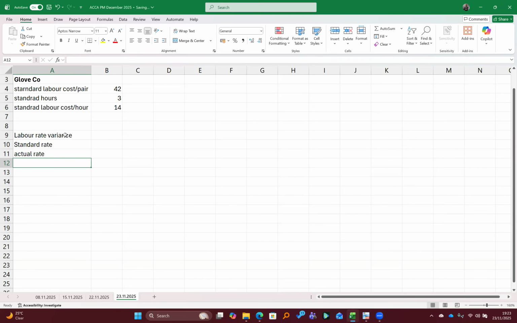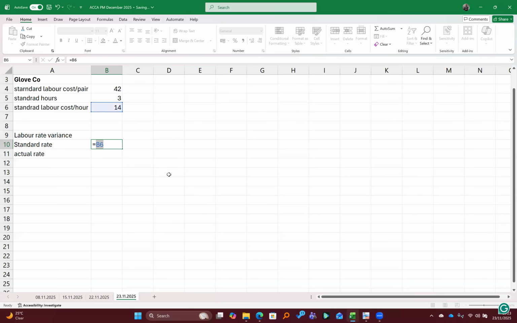The standard rate we already know. It's 14, as we have calculated it. But what was the actual rate?